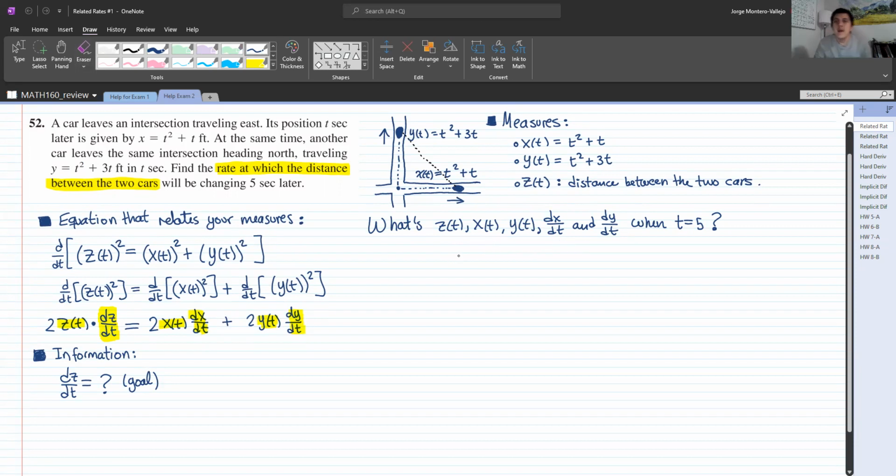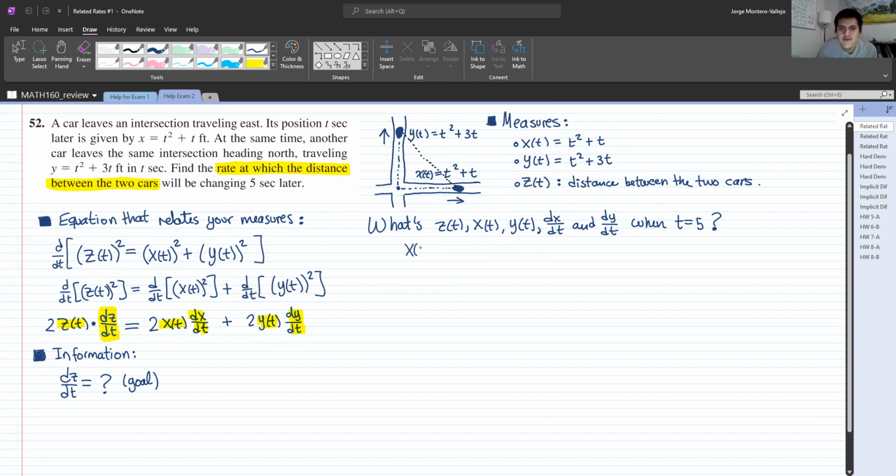Well, that we can do, right? Because there's a reason why x(t) was given explicitly. x(t) was given explicitly as t squared plus t, y(t) was given explicitly as t squared plus 3t. That means that you can plug in 5 there and find out what x(t) is. So let's go ahead and do that.